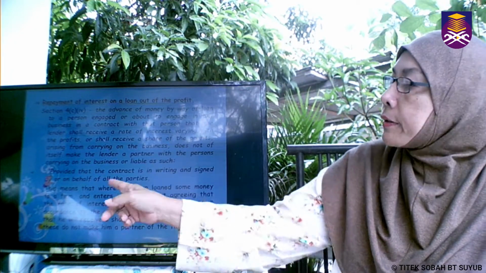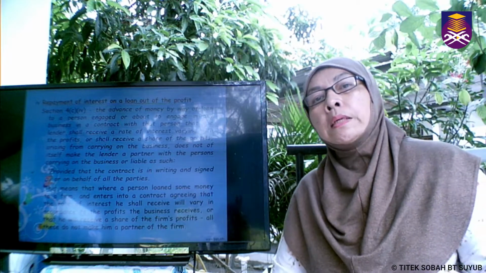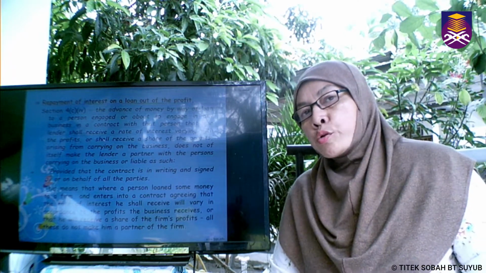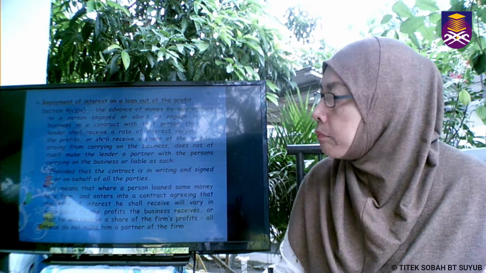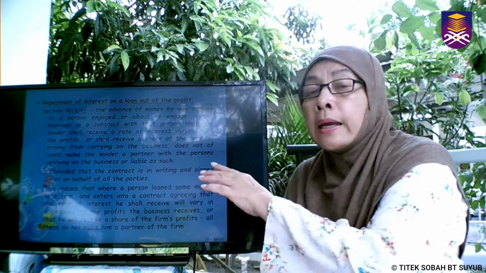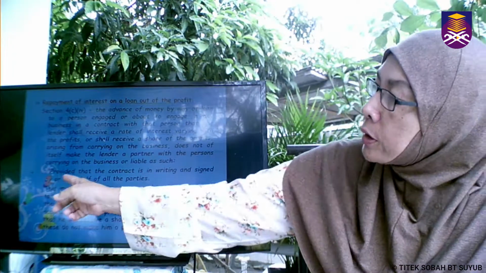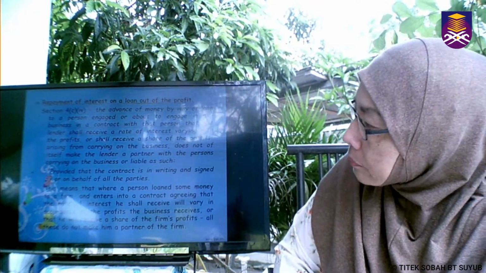So meaning if the contract is not in writing and not signed by the other parties, then prima facie he is the partner. So if we say he's not a partner, he's only a creditor, make sure that it's been done in writing and make sure that it is being signed. Because of the section here, the words provided inside the sections.